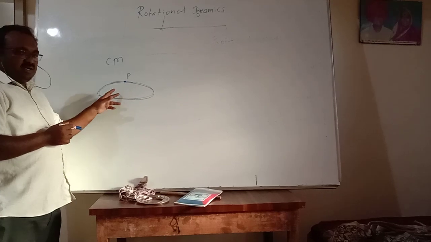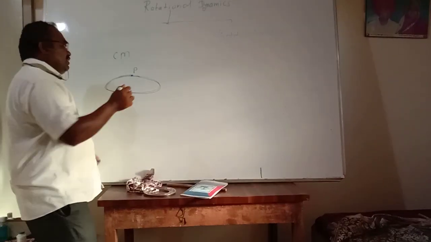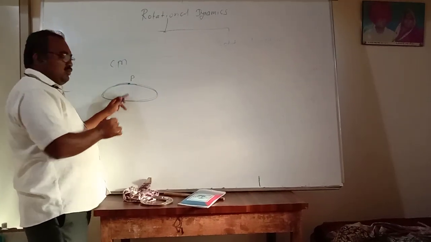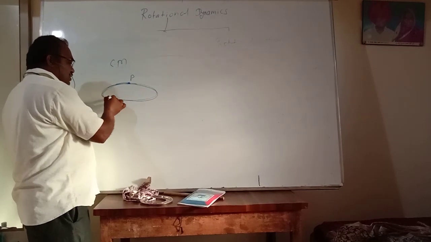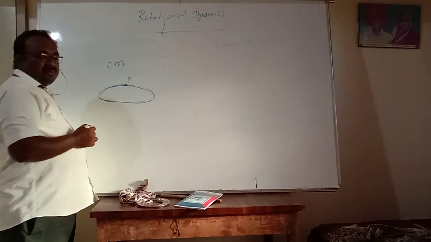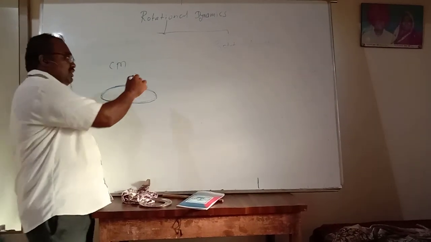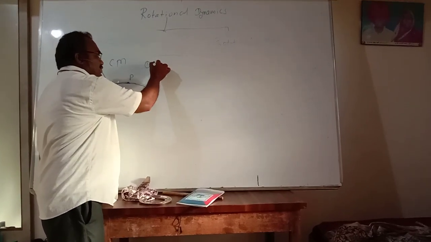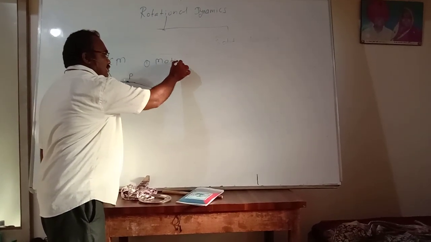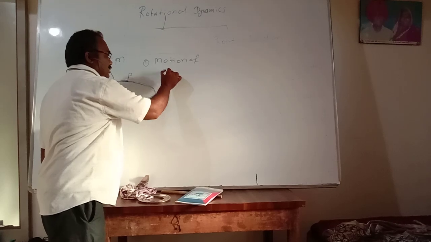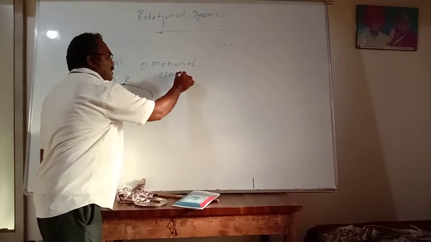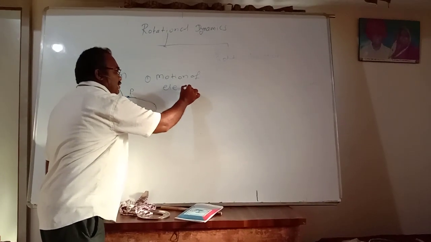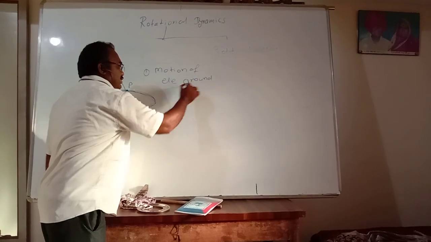Now we'll see definitions. First definition, circular motion: the motion of the particle along the circumference of a circle. Examples of circular motion. First example, motion of electron around nucleus.